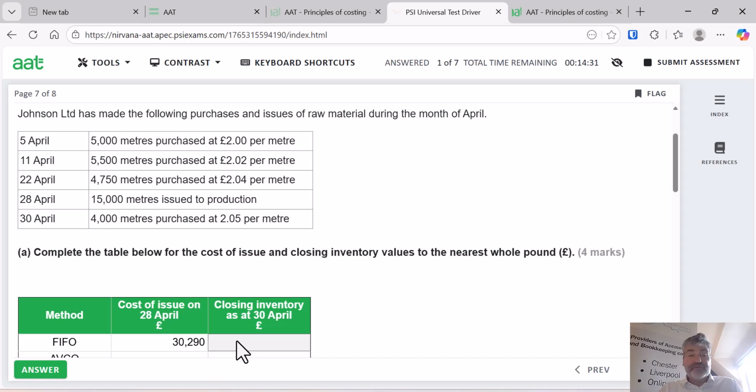The 250 units left from the 22nd of April at a total cost of £510 plus the 4,000 metres bought for £2.05 a metre, a total cost of 8,200. So the 510 plus the 8,200 is a total of £8,710.